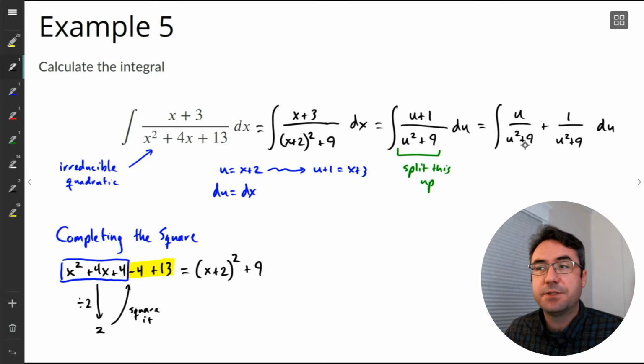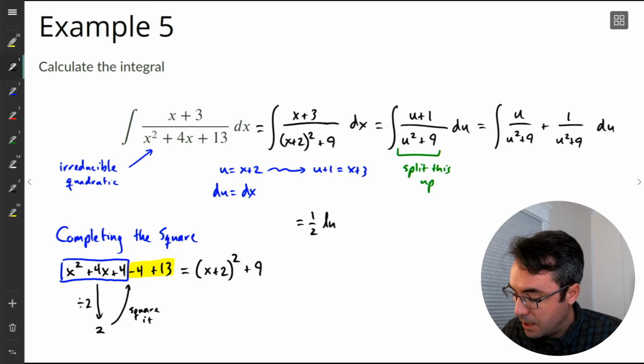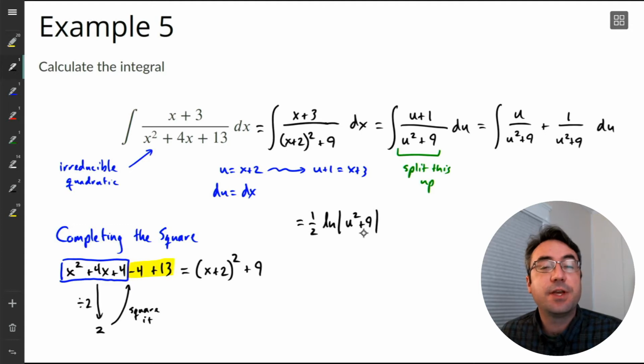Integrating this u over u squared plus 9, we're going to end up with 1/2 natural log absolute value of u squared plus 9. Technically the absolute value isn't necessary because u squared and 9 are both positive, so the whole thing inside the log function is positive. So really we don't have to worry about the absolute value, but it's a good habit to be in anyway.